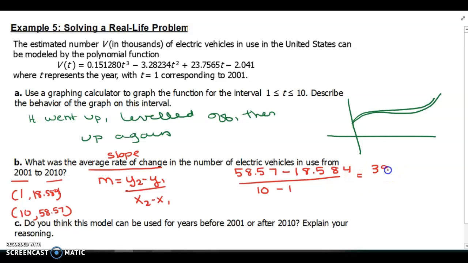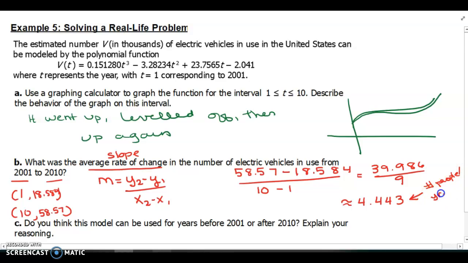So I got 39.986 over 9, and if you divide that in your calculator, you get roughly 4.443. That would be the average rate, that'd be the slope. So this would be the average number of vehicles per year. Once again, that's the average. So we're averaging about 4,443 per year.